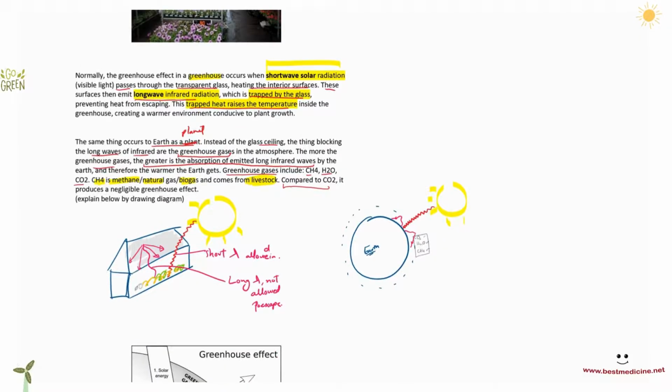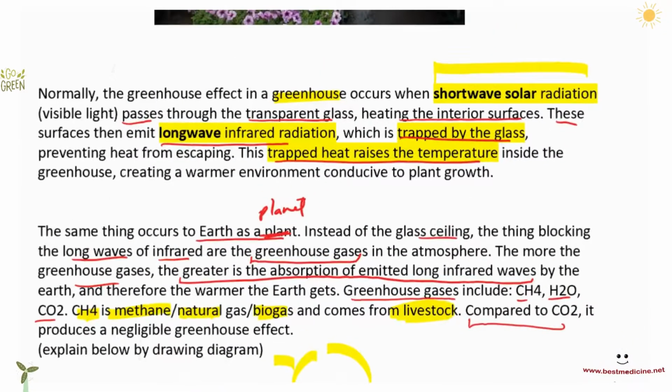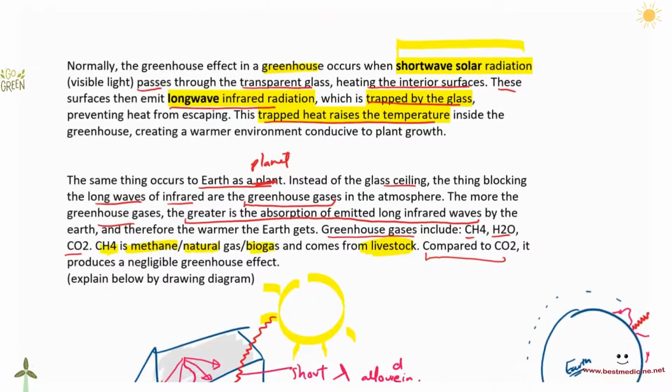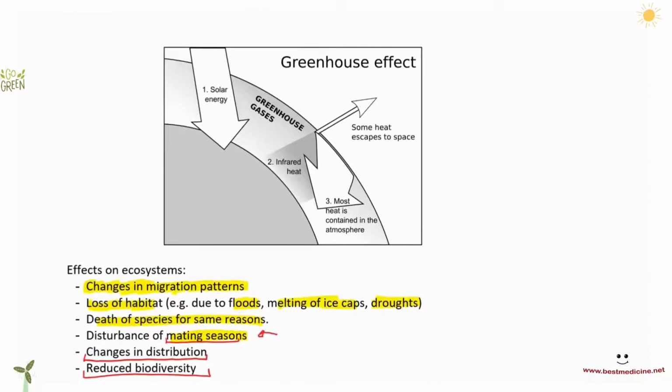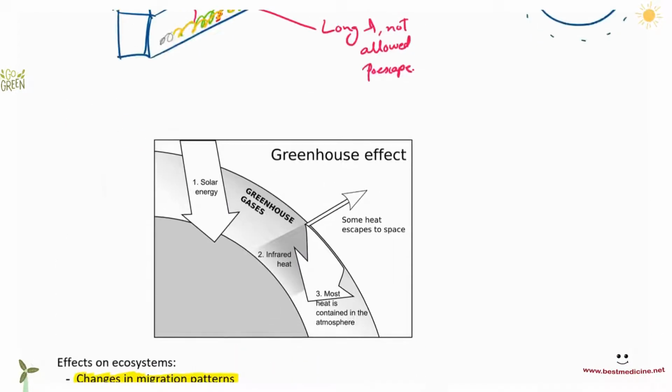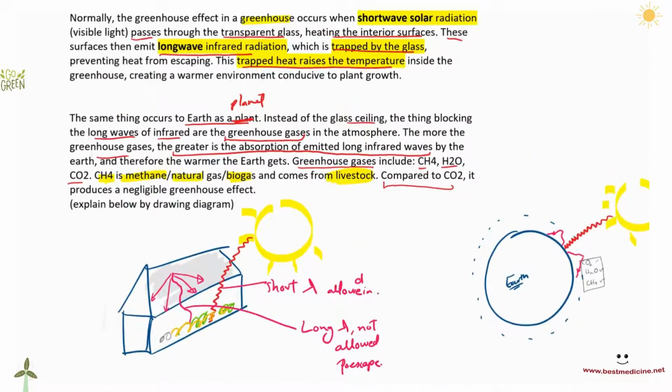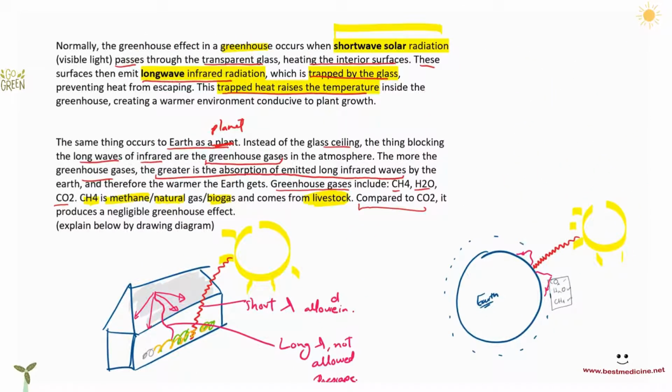What do you think would be the solutions for this? Do you know any solutions to help combat global warming? Well, of course, the number one solution that comes to mind is planting more trees, right? Just plant more trees and they will absorb the CO2 from the atmosphere, resulting in lesser greenhouse gases and therefore lesser greenhouse effect.